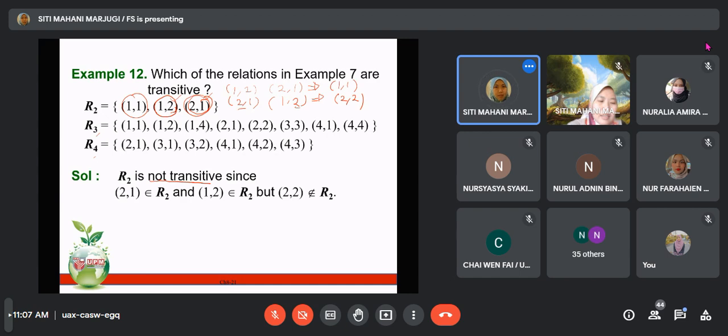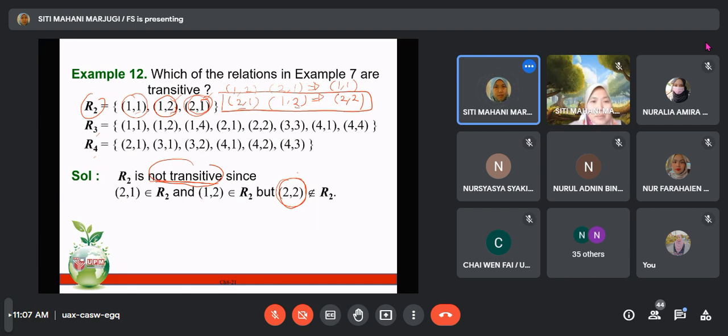But in relation R2, we don't have the element (2, 2), so we can say it is not transitive. Even though we have (1, 1), (1, 2) and (2, 1) as elements of R2, we don't have (2, 2) to satisfy this statement. So we can say this is not transitive.